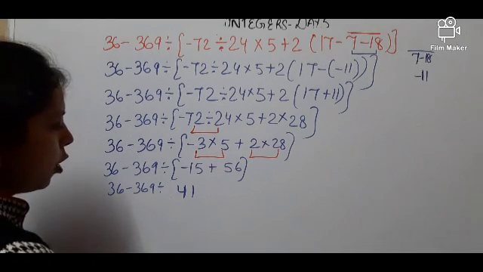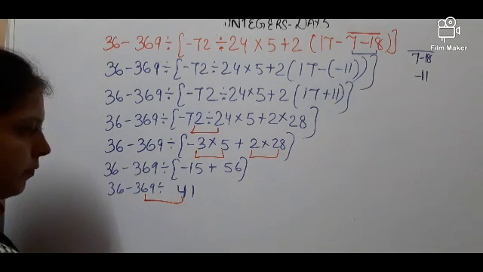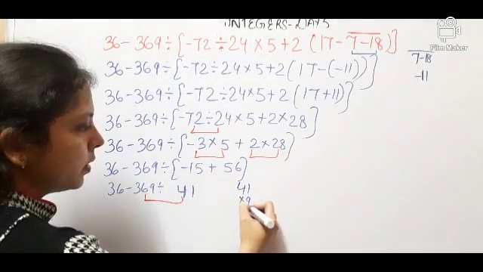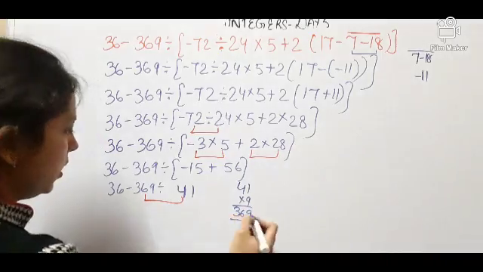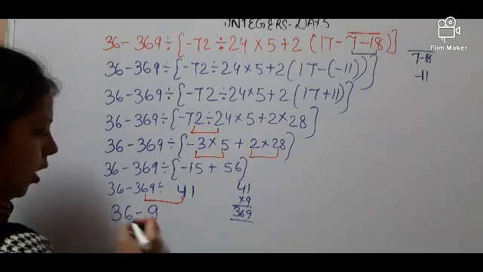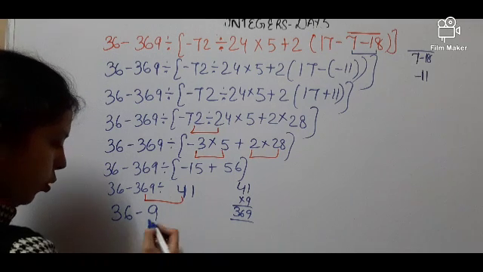Now we will solve this division first. When we solve this division, we will get 9 as a quotient, because 41 times 9 gives you 369. So we'll get 36 minus 9. Now solve 36 minus 9.